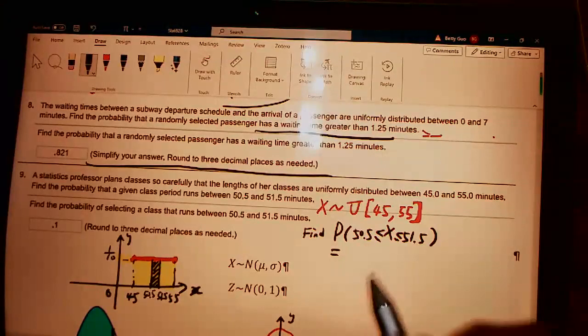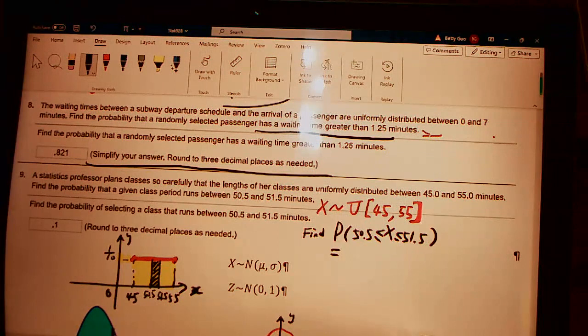What's the base of that area? In this case, it's going to be the width. What's the base? Not 10 anymore. I mean the black rectangle, not yellow. Do you see the shaded region? It is 1.